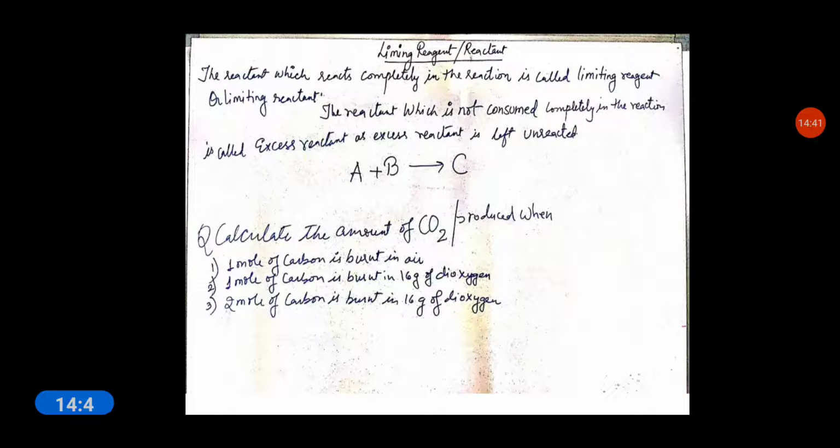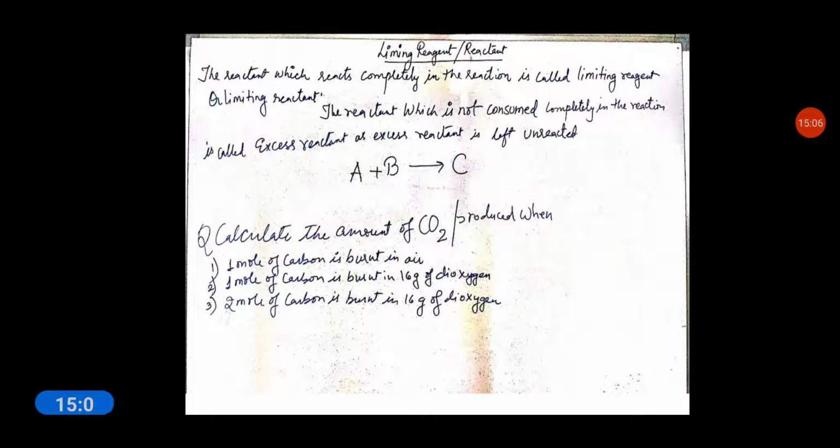This reactant which reacts completely in the reaction is called the limiting reagent or limiting reactant, and the reactant which is not consumed completely in the reaction is called the excess reactant, as the excess of this reactant is left unreacted.